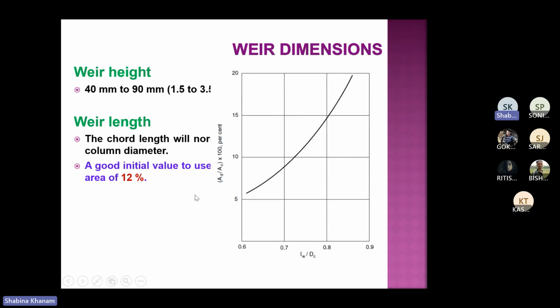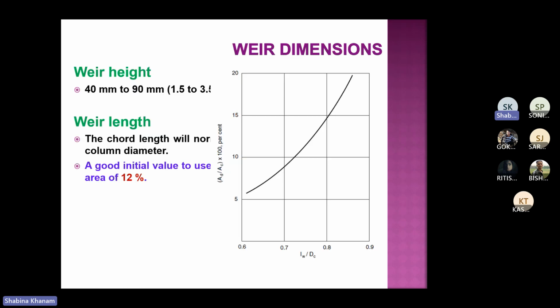If AD by AC, that is downcomer area by column area, is around 12%, you can see over here and find LW by DC. That should be 0.77 into DC, right? So in this way you can decide the weir height as well as weir length.